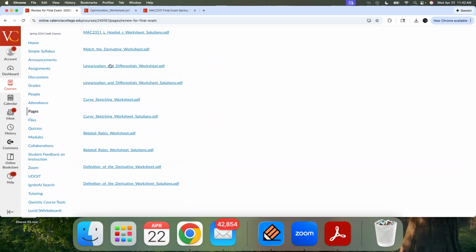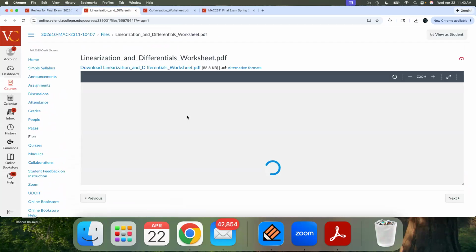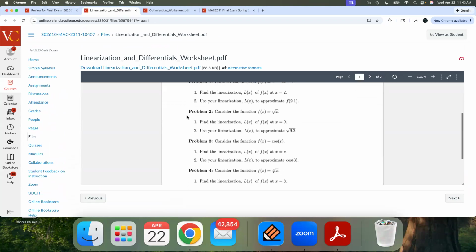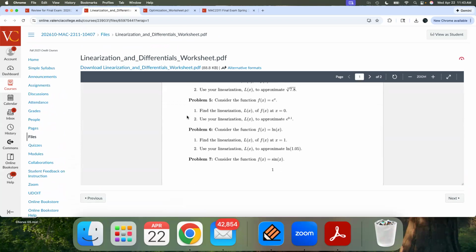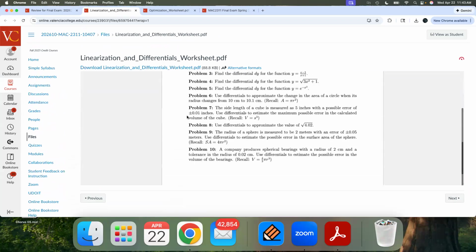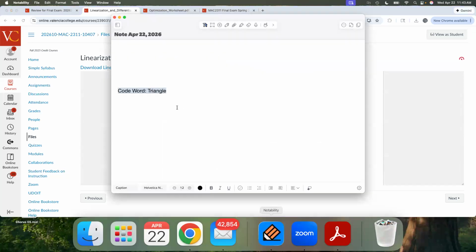So maybe let's take a look at some of the linearization problems. Yeah, these are all good problems. Good differentials problems. Okay, I think that's a good place to stop.